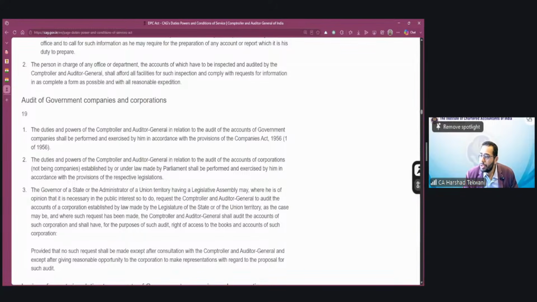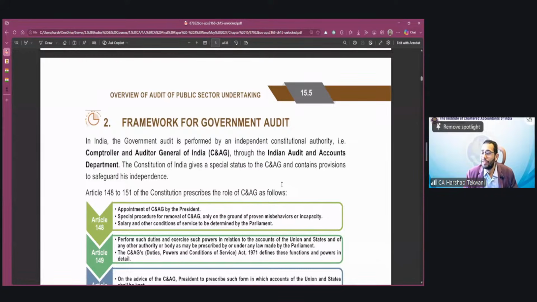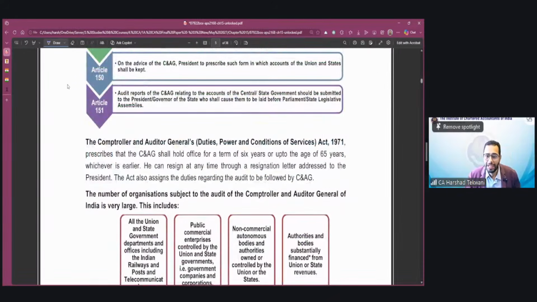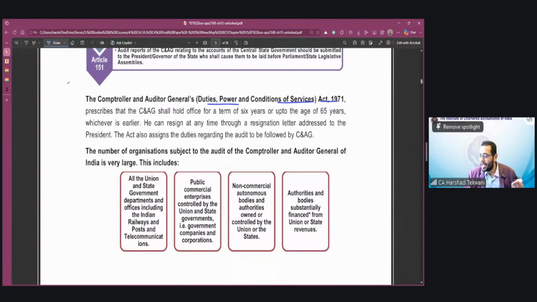So basically the purpose of this is to understand from where these powers are coming, from where everything is moving on with respect to the provisions of the audit of the public sector undertaking. And that's where we are talking about the framework of government audit, which includes Article 148 to 151, plus your DPC Act, plus the relevant provisions of the Companies Act with respect to the appointment of the auditor in case of a government company.